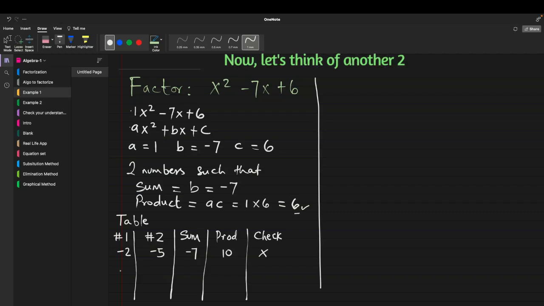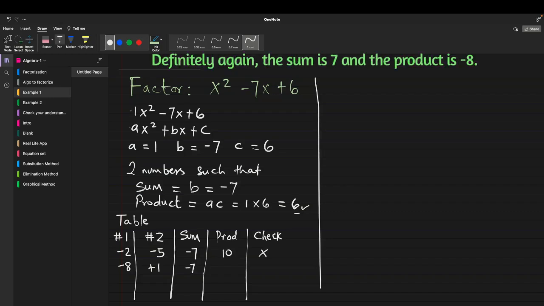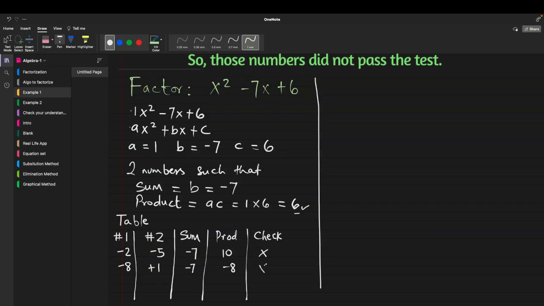Now, let's think of another two numbers such that their sum is equal to minus 7. Another pair that comes to mind is minus 8 and plus 1. Definitely, again, the sum is minus 7 and the product is minus 8. So those numbers did not pass the test.